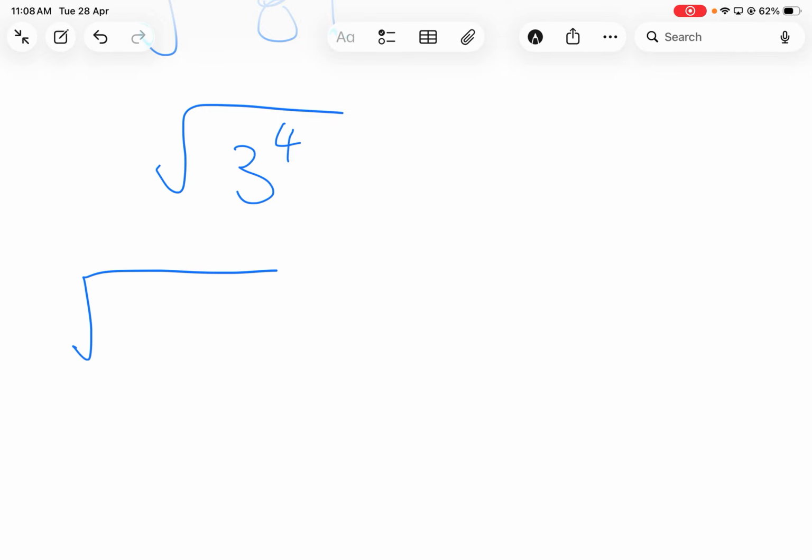From there, can you see that I can just equally split 3 to the power of 4 into 2? I just split it equally into 3 squared times 3 squared. Then what is the result? What is the square root of 3 to the power of 4? It is 3 squared.